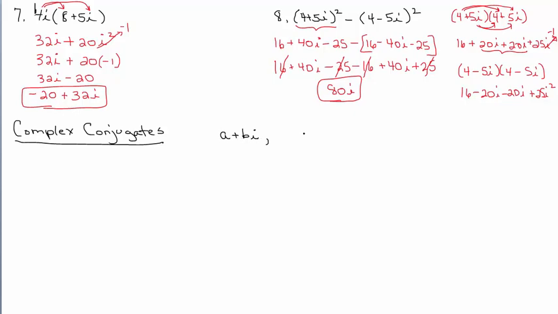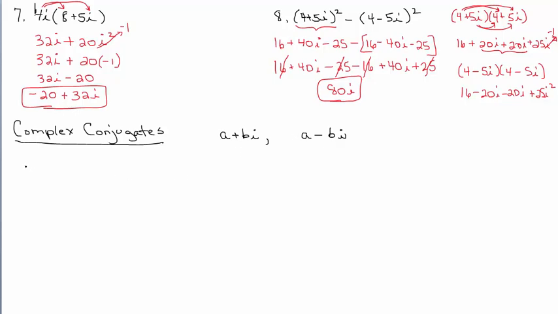So if it starts out addition, you're going to change addition to subtraction. If it was a minus bi, the complex conjugate would be a plus bi. There's no sign change on the leading terms. All you're doing is changing from subtraction to addition or addition to subtraction.